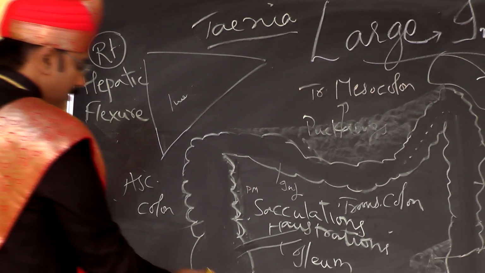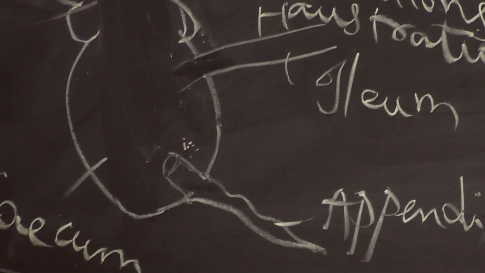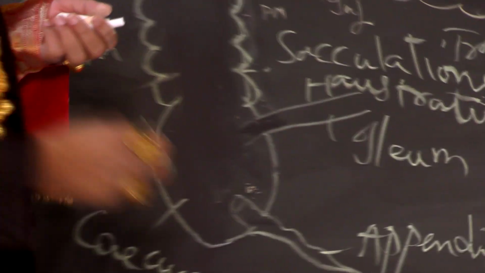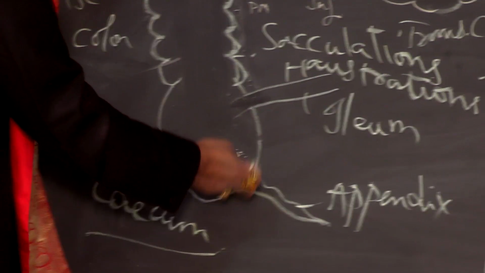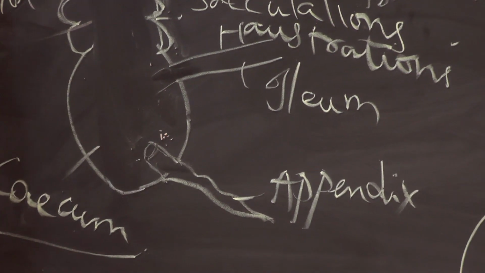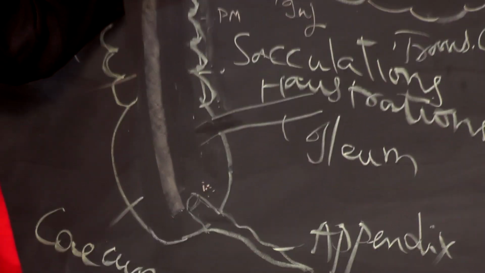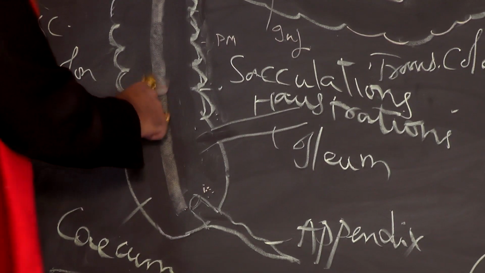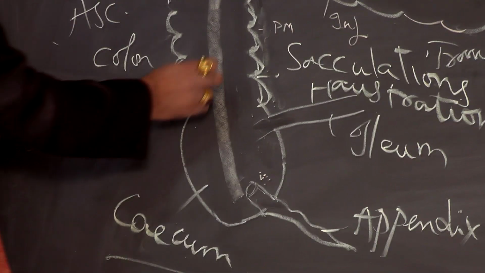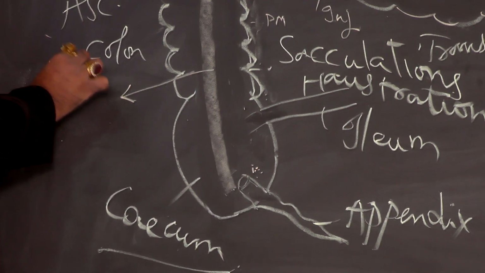Now if you see the base of the appendix, starting from or surrounding the base of the appendix, you have a longitudinal muscle cord running on the anterior surface of the ascending colon and cecum.